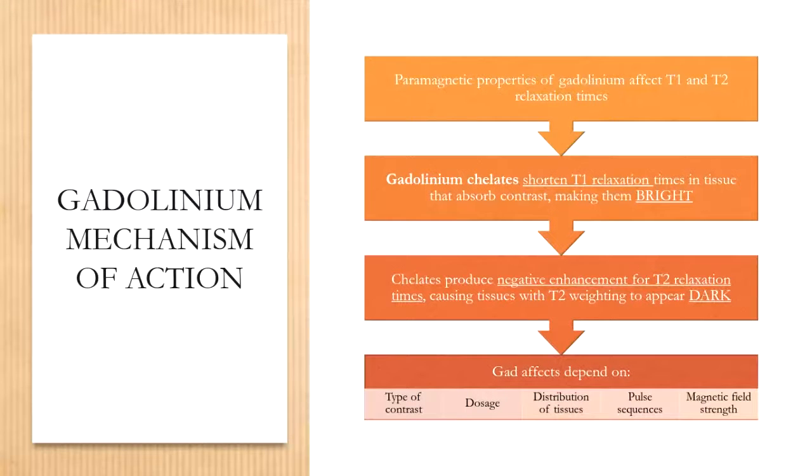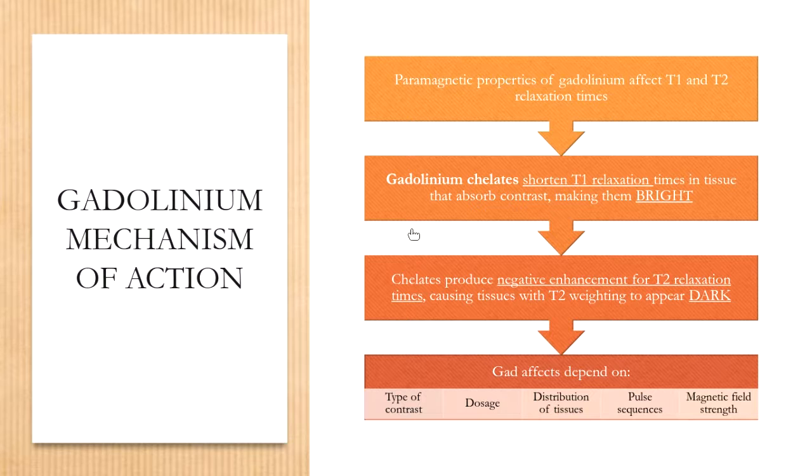The paramagnetic properties of gadolinium affect the T1 and T2 relaxation times by reducing the magnetic field and therefore reducing the tumbling rate of molecules such as water. The gadolinium chelates, because that is what we're injecting, not just straight gadolinium, but the actual chelate itself, will shorten those T1 relaxation times, making those tissues brighter.